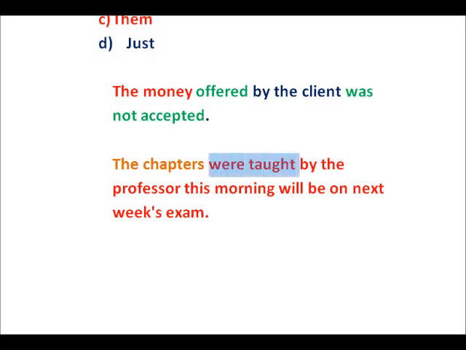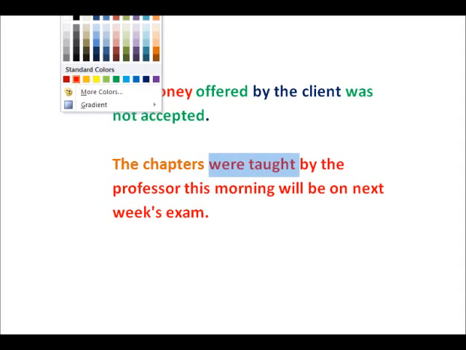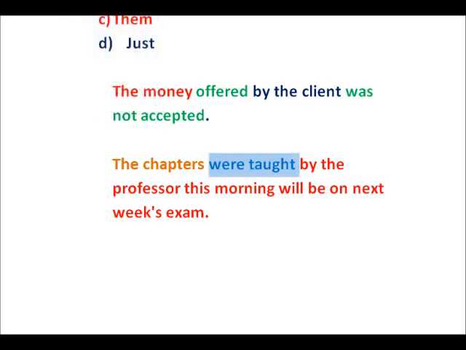Were taught. So let's give it another color. Fantastic. So we've got the chapters were taught by the professor this morning will be. Well, that's a verb. Now, how many verbs do we have in this sentence? We've got the chapters were taught by the professor this morning will be on next week's exam.